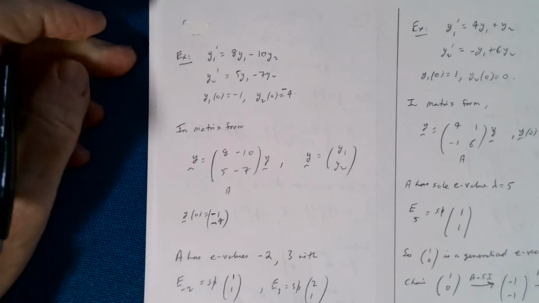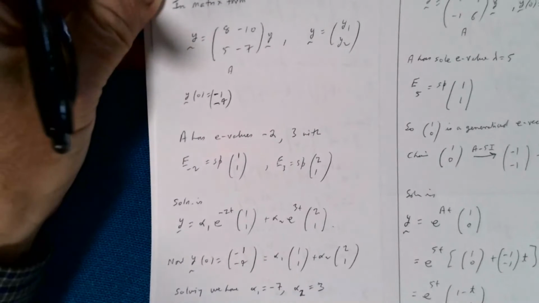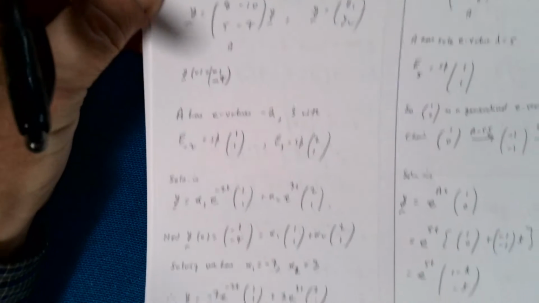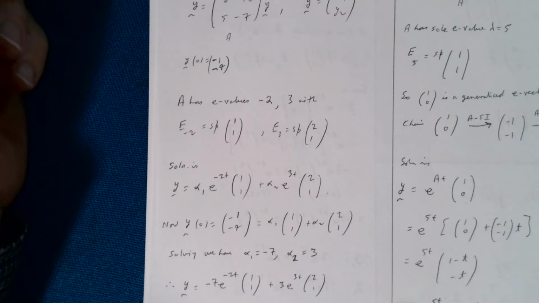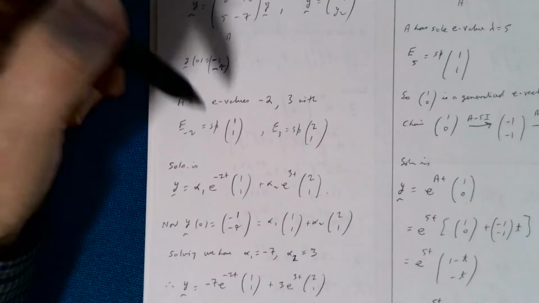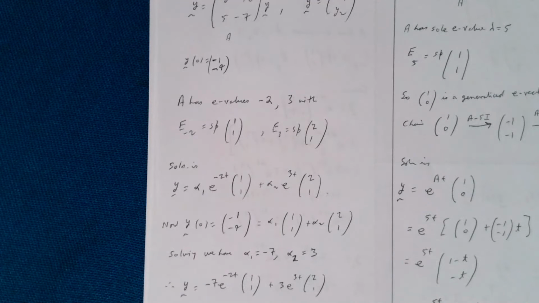Now a little bit of analysis on this. A turns out to have eigenvalues minus 2 and 3, which are calculated, and the corresponding eigenspaces turn out to be span of (1, 1) and (2, 1), which I leave you to check.